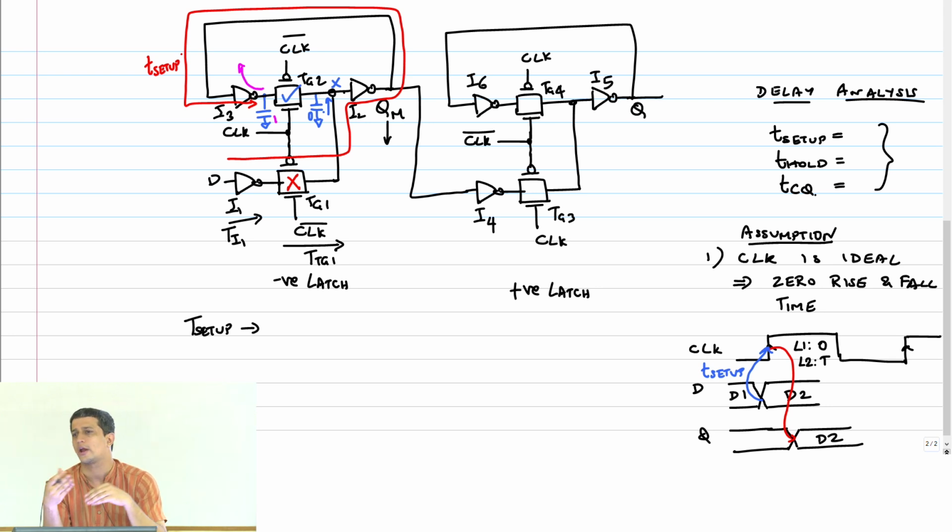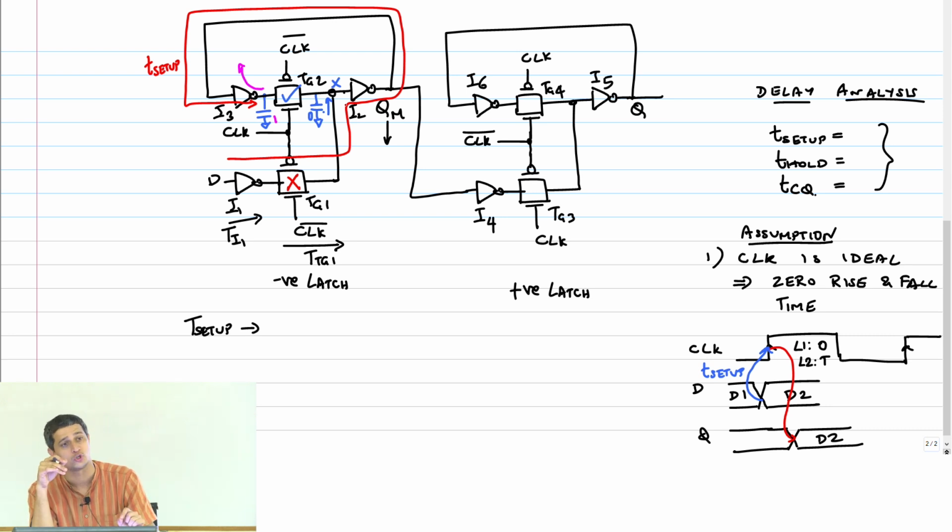Now in reality, the clocks may be non-ideal. It's not necessary that these two capacitors should always land up at a voltage which is wrong. It may land up at the right voltage, because it depends on the trip point of I2, right? So it may be fine. It depends on that feedback path and all that. So in reality, I'll tell you how to do this characterization. But what we are doing now is a theoretical, thought experiment.